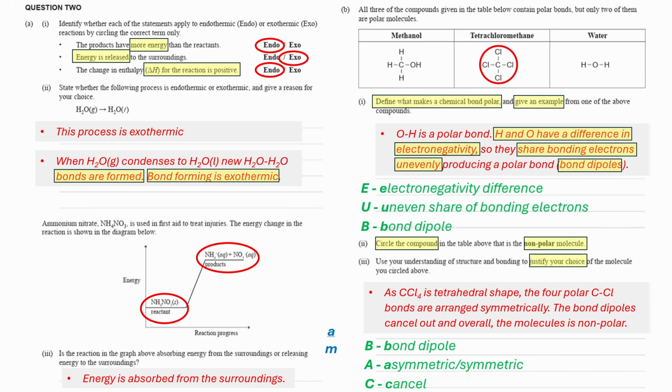Now, when I talk about cancelling, I'm going to say it's the bond dipoles that cancel, not the polar bonds. The bond dipoles, those slightly negative and positive charges we assign to the polar bonds, they're the things that cancel out. So the bond dipoles cancel, and overall, the molecule is nonpolar. So it's tetrahedral, 4 polar carbon to chlorine bonds arranged symmetrically. The bond dipoles cancel out overall, and the molecule is nonpolar.